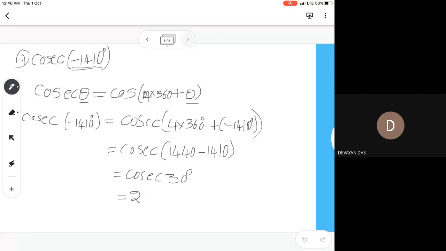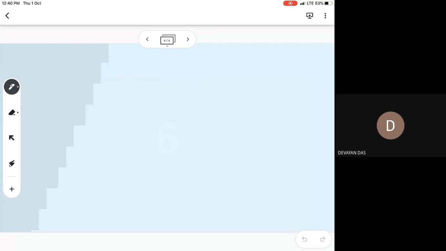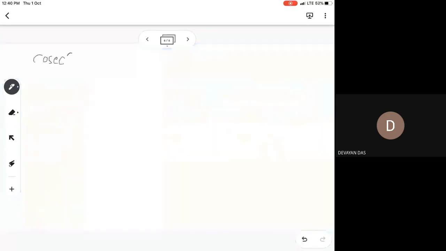The other way of doing it: if you take cosec of minus 1410 degrees, better you bring these values into the same quadrant by multiples.